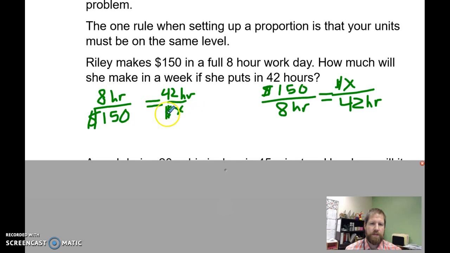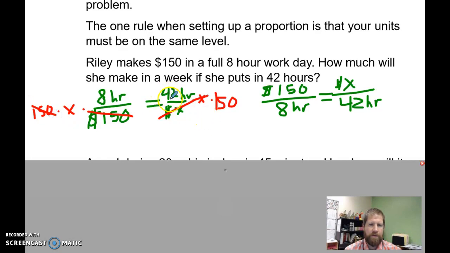Basically, I'm going to take this and multiply both sides by X dollars, and this will cancel. Then I'm going to have X times 8 hours over $150. This gets kind of messy doing it like that. Once I'm at this point, I'm going to have to multiply both sides by $150, and that'll cancel.